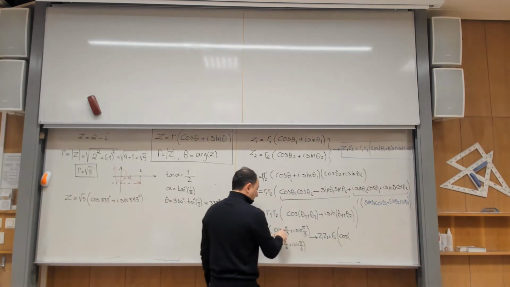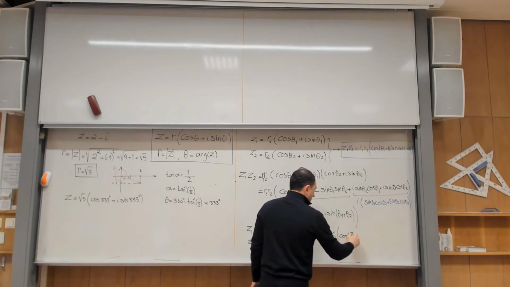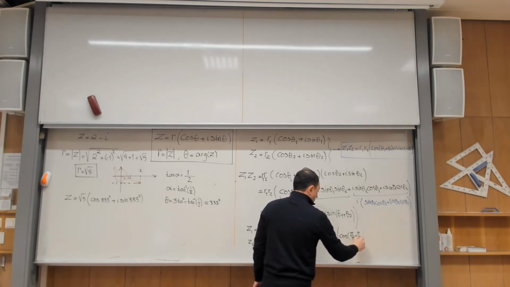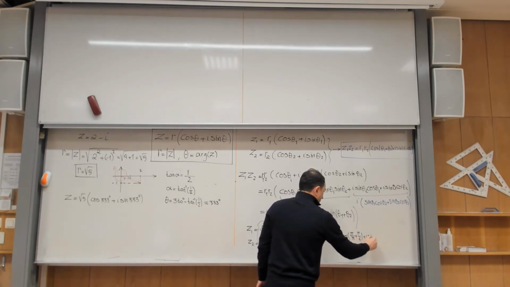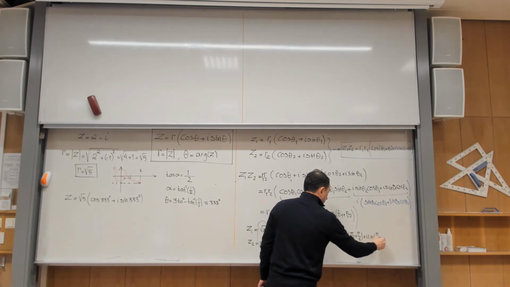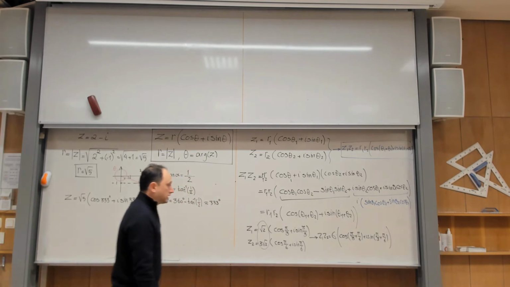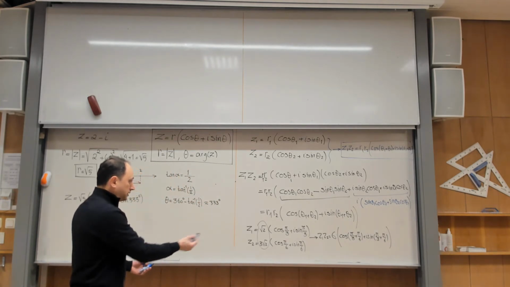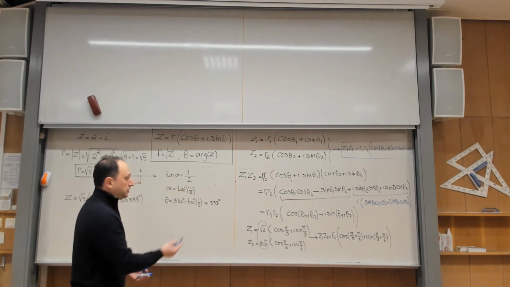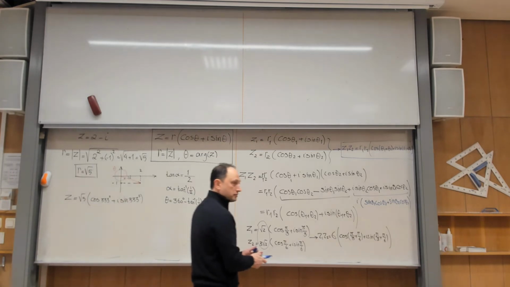What I can do, I can just simply add the arguments. Yes? Of course, I can stop here. The multiplication is done, but you see immediately that it becomes much simpler, yes?